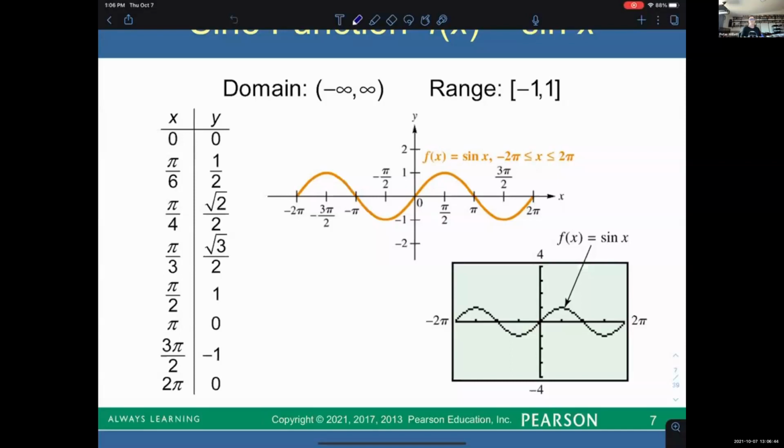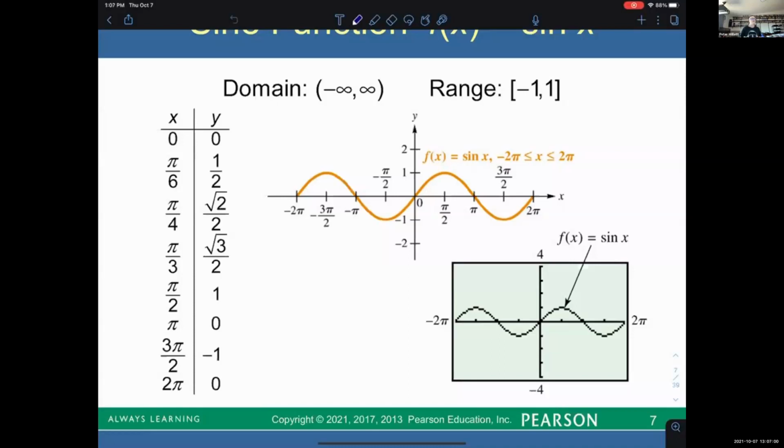And they point out all of our common values that we've been working with when evaluating the sine function. Sine of 0 is 0, pi over 6 is 1/2, pi over 4 is root 2 over 2, etc. And then when you get up to pi over 2, you're up to 1.